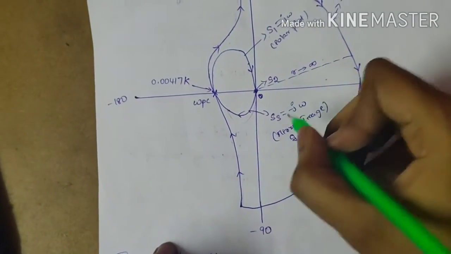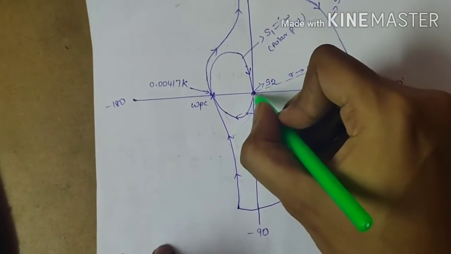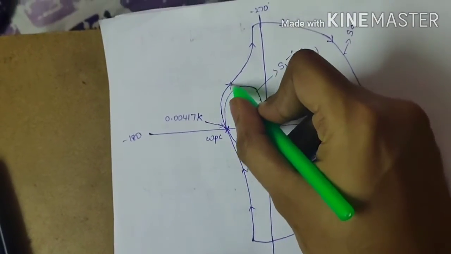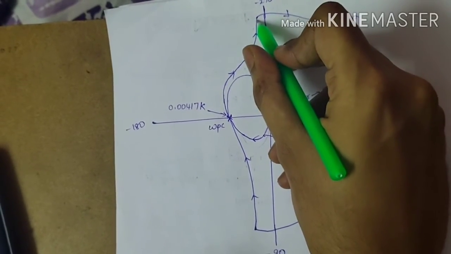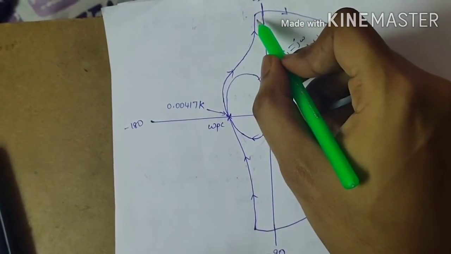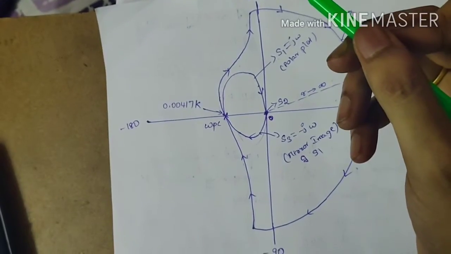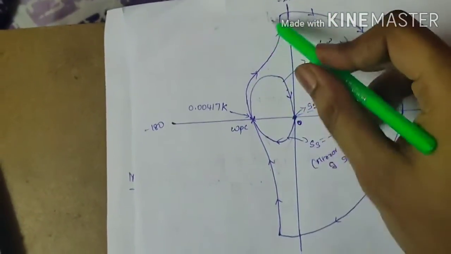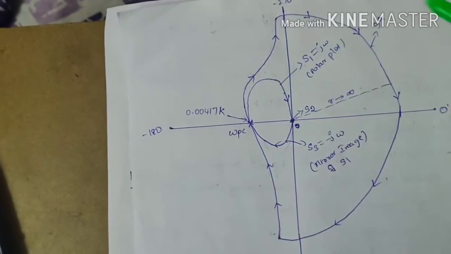Now coming to S3. S3 is nothing but the mirror image of S1. So again it will start from here, intersect at the same point, and travel up to here. Next, I already told you the Nyquist plot should be a closed path. It should not have any free ends. These two are free ends up to S3. Now look at S4.